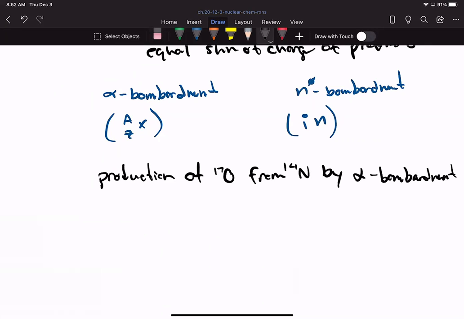So the production of O17 from nitrogen 14.